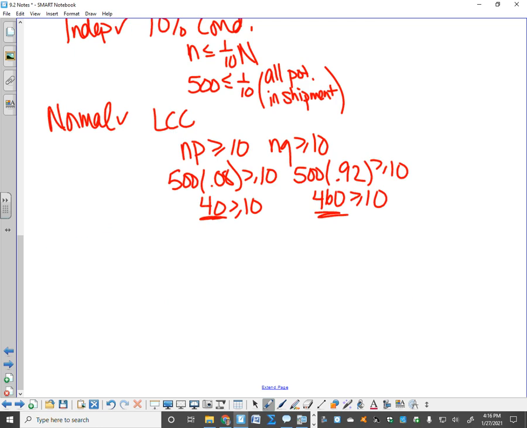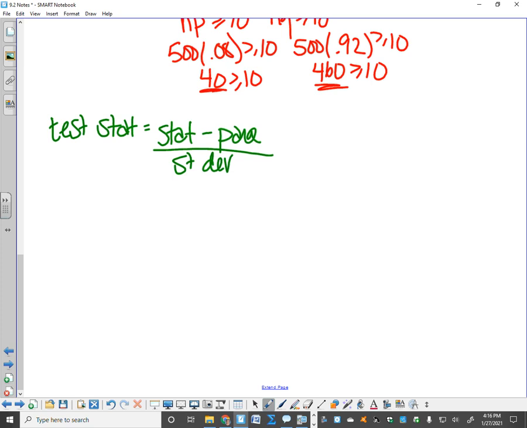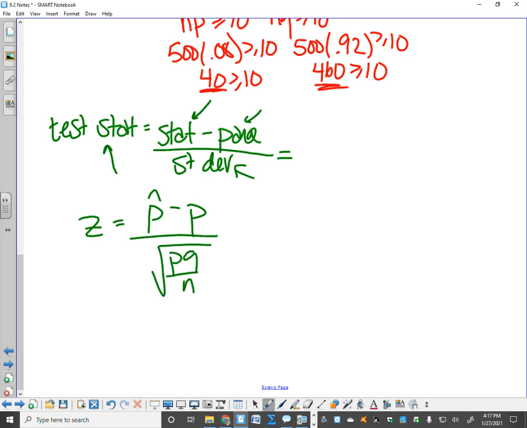What's next? Let's see. I need the formula. I go to my formula and I get test statistic equals statistic minus parameter over standard deviation. And don't keep going and just replace these with letters. You need them too. So z equals p hat minus p over the square root of pq over n, no hats, because I know p and q.